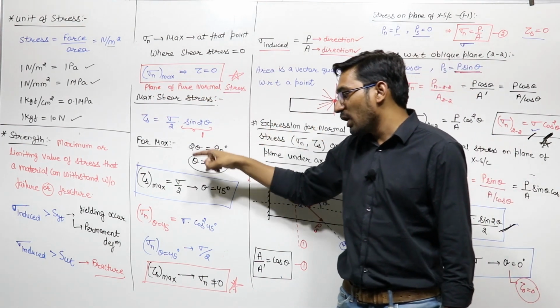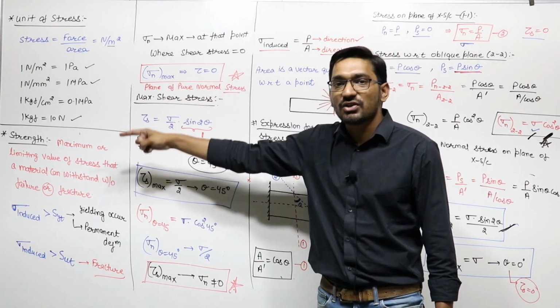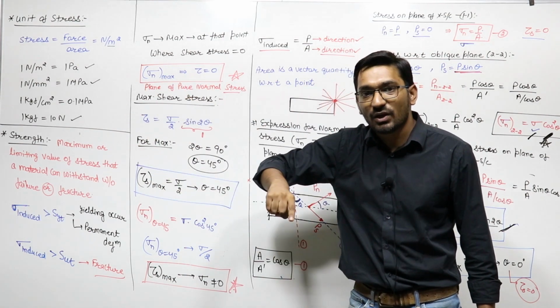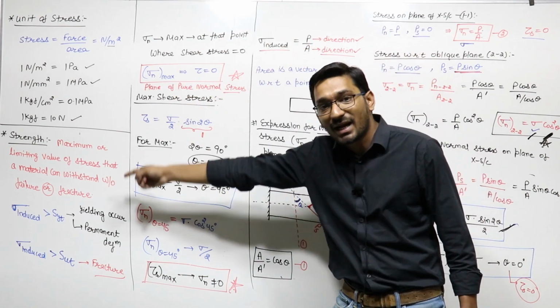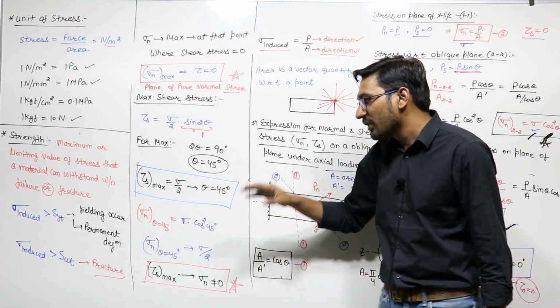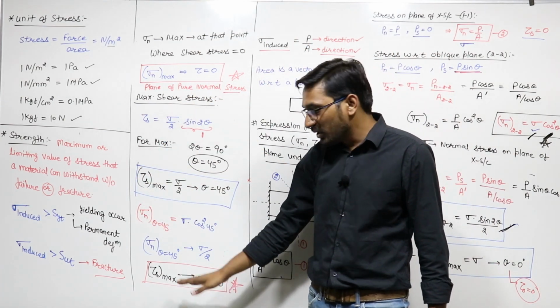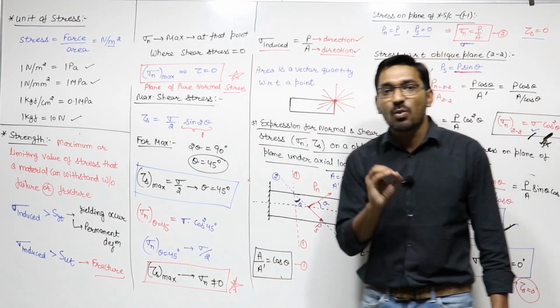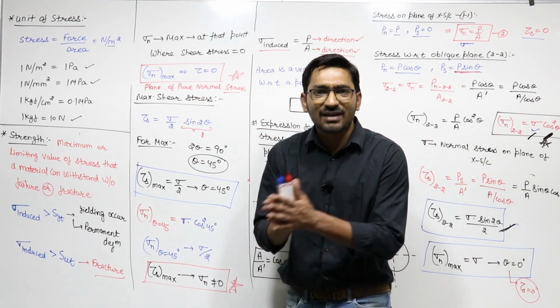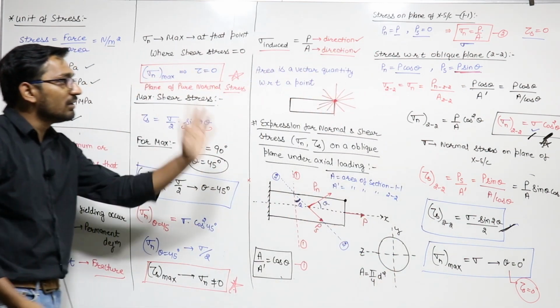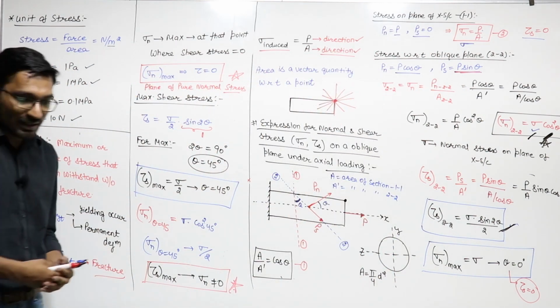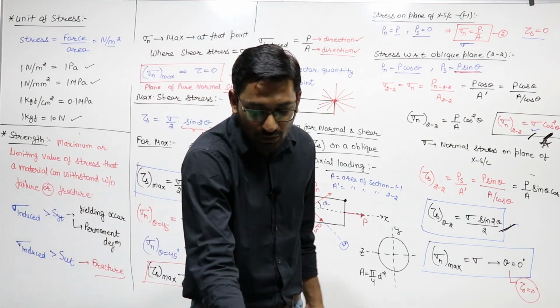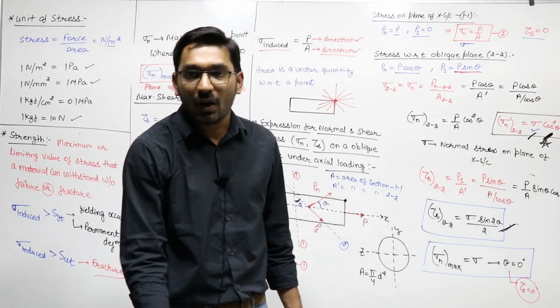In the plane of pure shear, shear stress is not 0, normal stress is 0, but shear stress is not maximum. And in the plane of maximum shear stress, your shear stress is maximum, but normal stress is not equal to 0. These are the conclusions which we can derive from this equation, right? These are the very, very important conclusions. You can write or you can note it down.